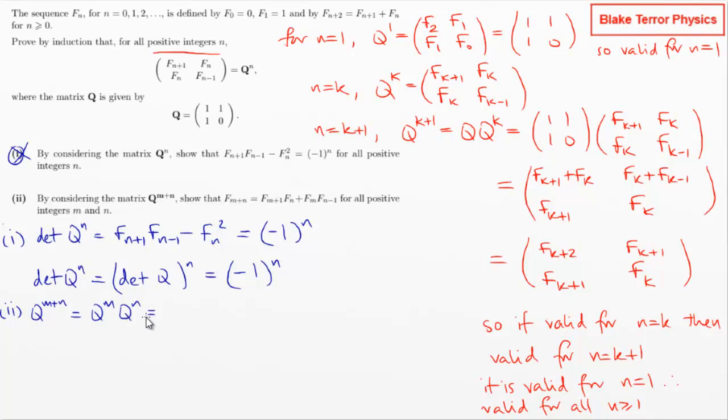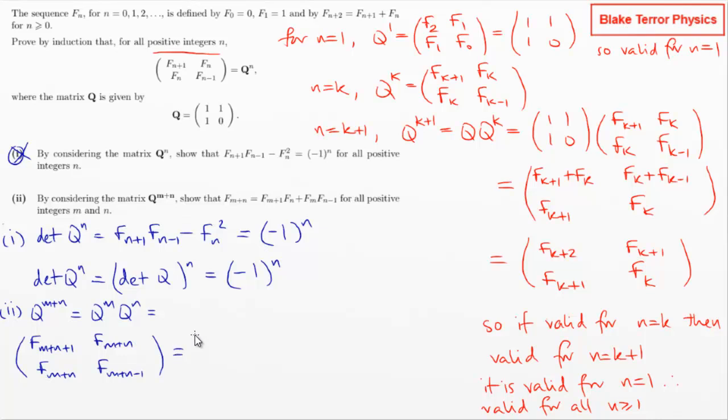So Q^{m+n} is going to be F_{m+n+1}, F_{m+n}, F_{m+n}, F_{m+n-1}.